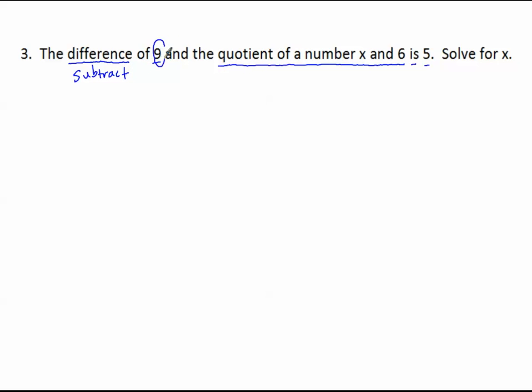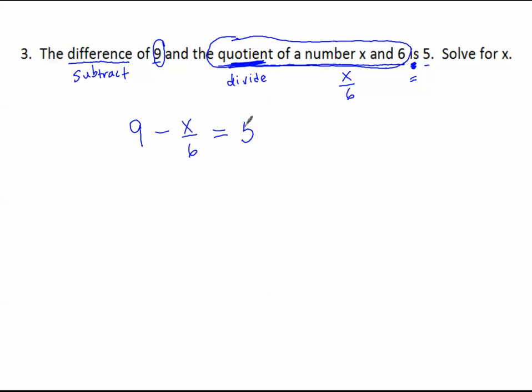The difference of 9 and the quotient of a number x and 6. Quotient, remember that means divide. So we're dividing x by 6. So we're subtracting 9 minus the quotient of x and 6, x divided by 6. Remember that is means equals 5.